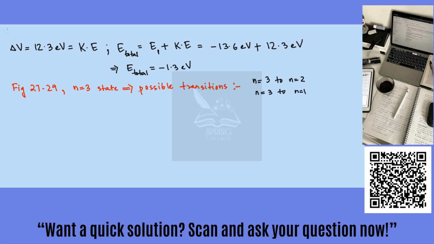And maybe the electron doesn't go to the n equals 3 state, maybe it just goes to the n equals 2 state, and then returns to the ground state. So in that case, the possible transition will be from n equals 2 to n equals 1.